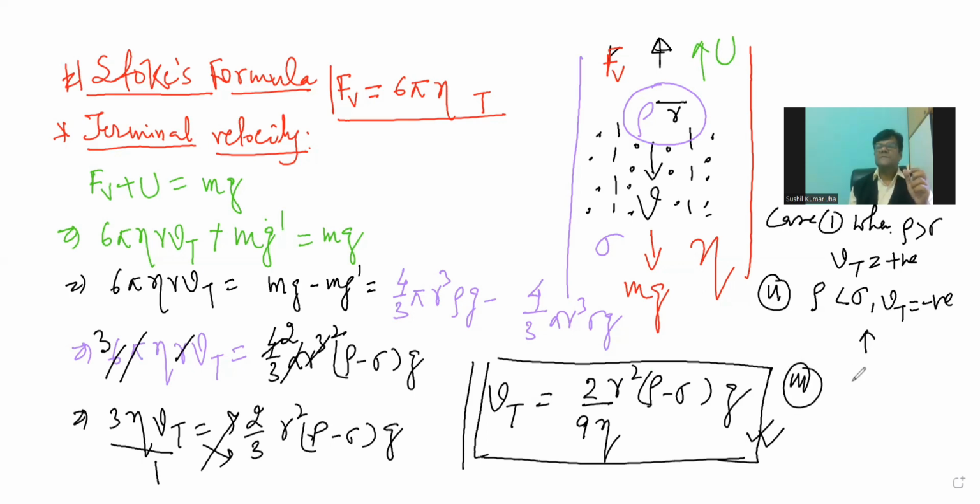Third case: if rho is equal to sigma, then Vt would be 0. Then the object neither goes up nor comes down, which means it floats, it halts, like a kite halts in the sky after a certain altitude, or clouds float in the sky during the rainy season. So these are a few applications. Thank you so much.